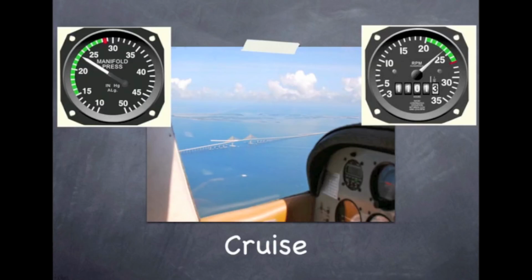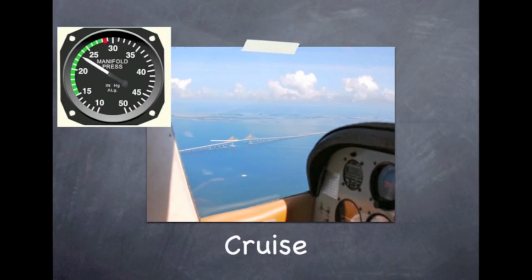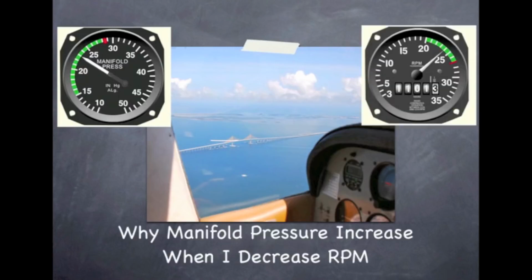But something else interesting happens. We have to go back and reset our manifold pressure, because when you bring the RPM back, the manifold pressure rises a little bit. So why do we have an increase in manifold pressure when we decrease the RPM?